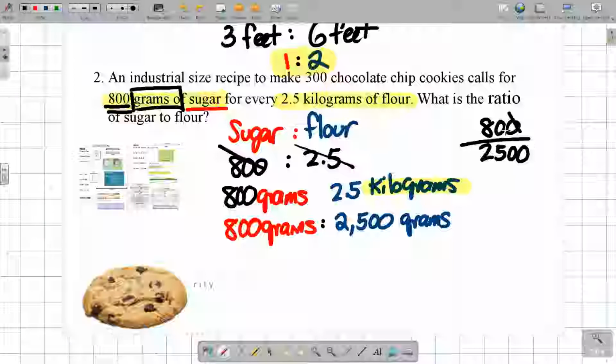And two zeros. You look at this last little bit, see if there's any way you can reduce 8 and 25, and you can't. So the actual ratio of sugar to flour is an 8 to 25 ratio.